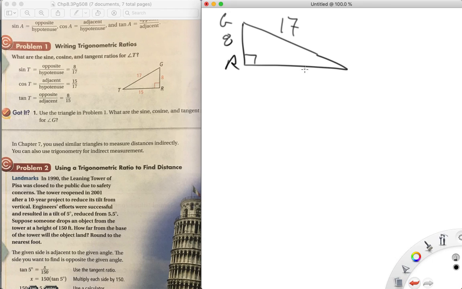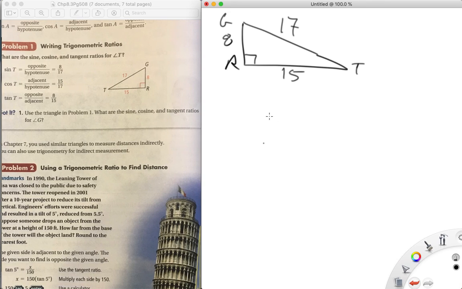G to R is 8, and then from R to T is 15. Okay, right triangle. So they want to know what sine, cosine, and tangent are. So remember, we'll use SOHCAHTOA. And they're asking for G. So here is angle G, only with respect to G.